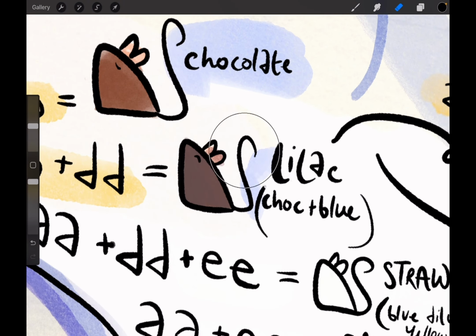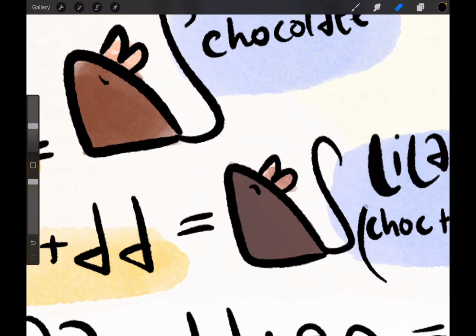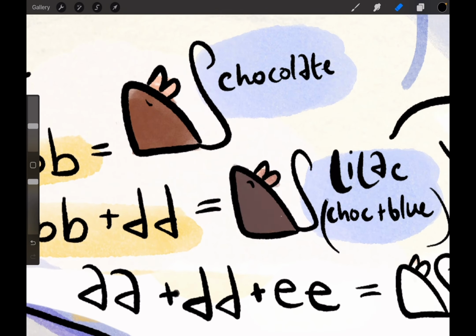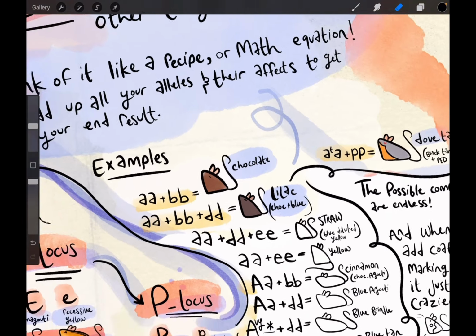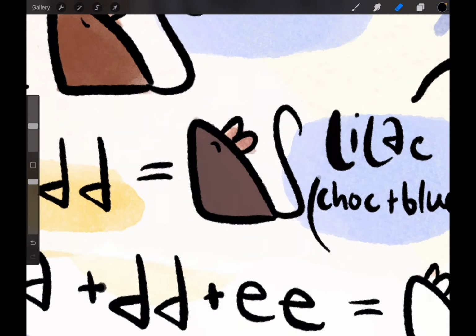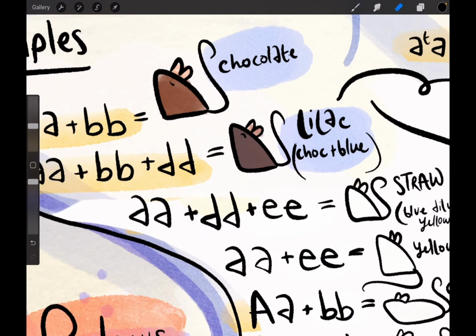So we get ourselves a lilac. This is chocolate and blue. It's almost like a purpley color. Not quite, but it's a combination of blue and chocolate. So these two, when they're both together on a black self, do kind of give you a mix of the two, which is really fun. So you've got like the blue color, which is more gray than lilac. Lilac's more purpley, and chocolate is warmer.